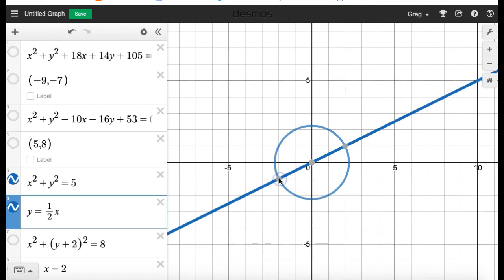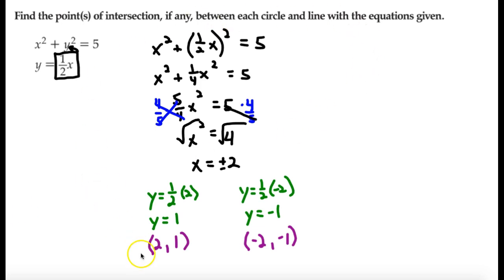And I can actually just click on those 2 points of intersection, right, to see that -2, -1 and 2, 1 are places where this circle and this line cross each other. So again, use Desmos to check your work, but I do want to see this process. Okay, you're going to need to upload a picture of your work for me.